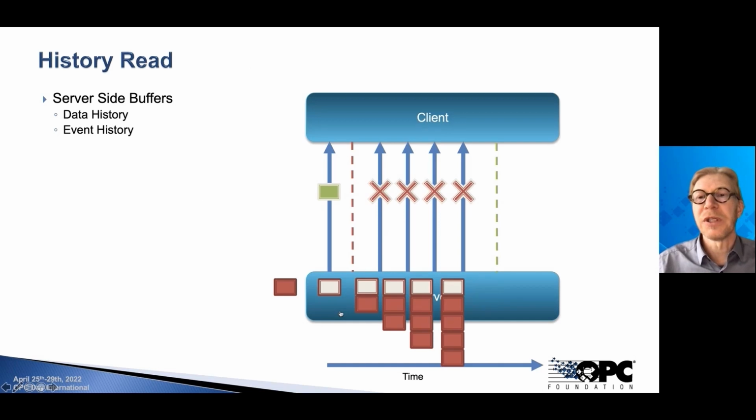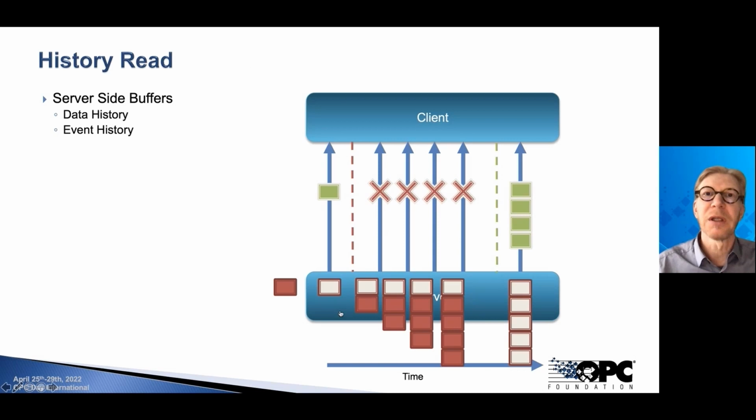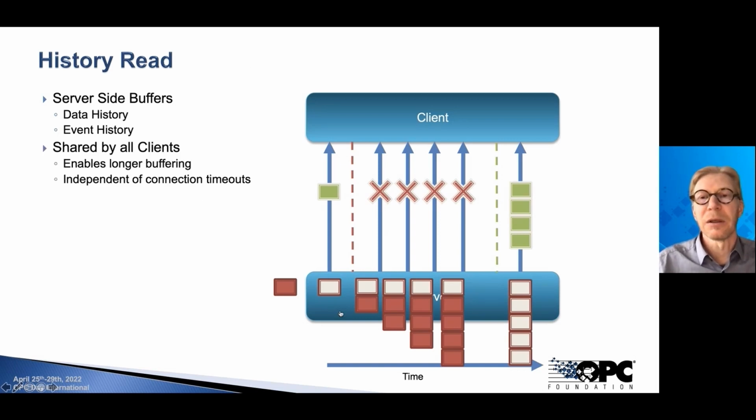Now when the connection is reestablished, the next history read will succeed again, and those new samples will be sent to the client. But the server will still keep the samples also in its own buffer, the history, and they will be available for the other clients to be read out. So these are shared by all clients, and enable long buffering. You could say in that sense it's independent of longer timeouts. It's more or less dependent on the length of the buffering reserved for the server, and that defines the capabilities.